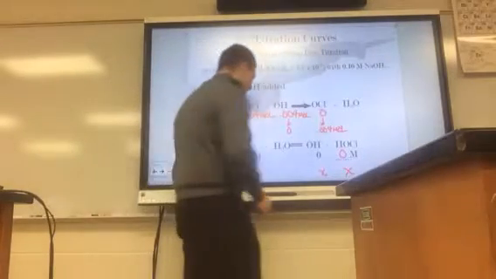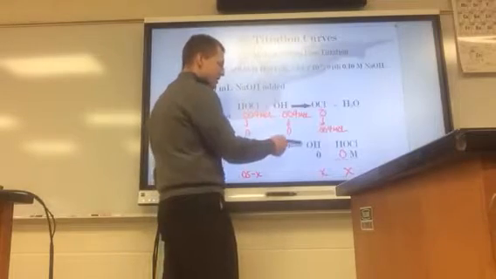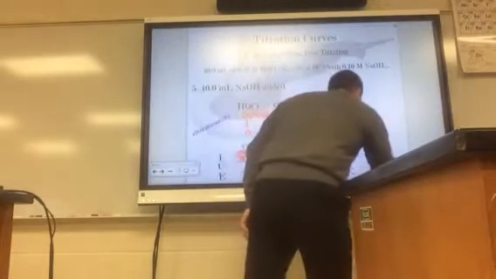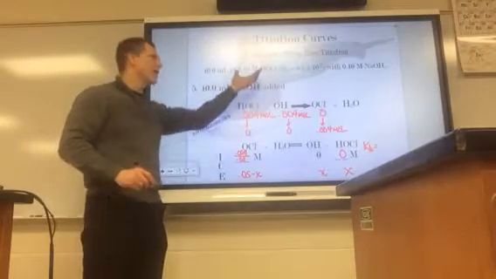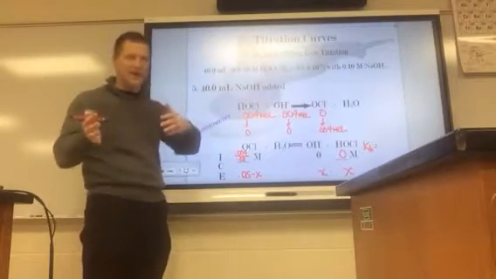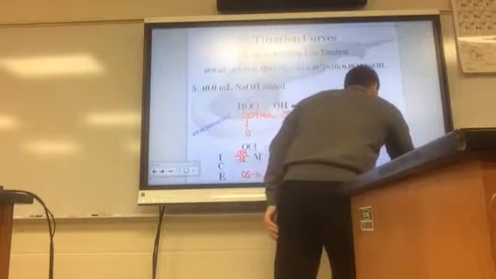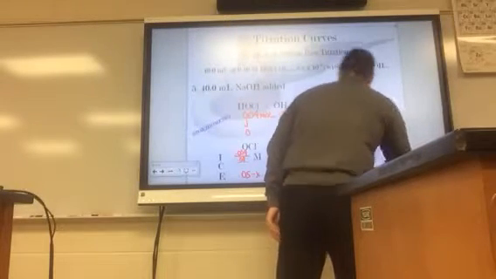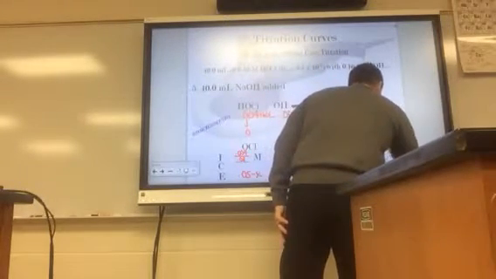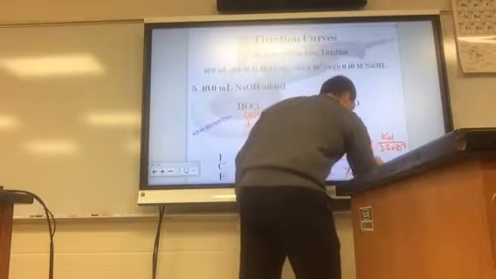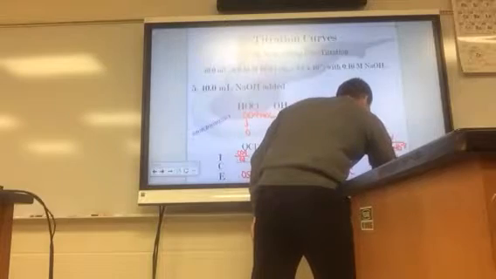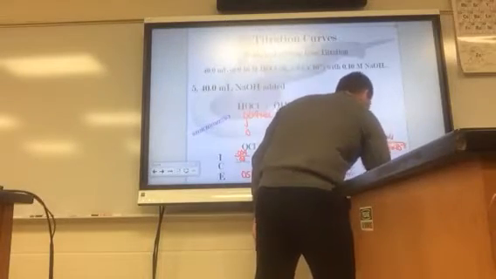So let's find what the pH of this thing is. Now this is going to take several steps. We're going to do Kb, because this is a base. Well, we know the Ka of HOCl, so we have to find the Kb. That's going to be Kw divided by the Ka. And that's going to be equal to x squared over 0.05 minus x.